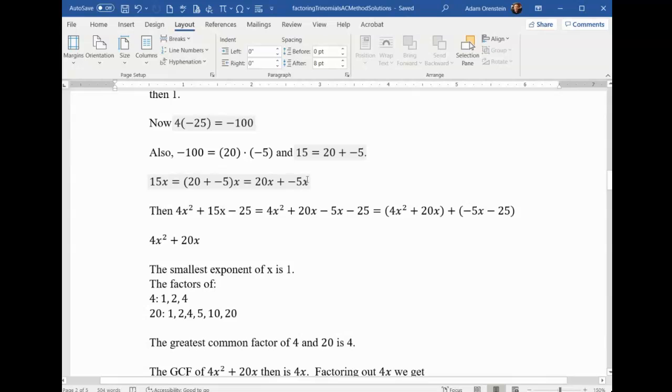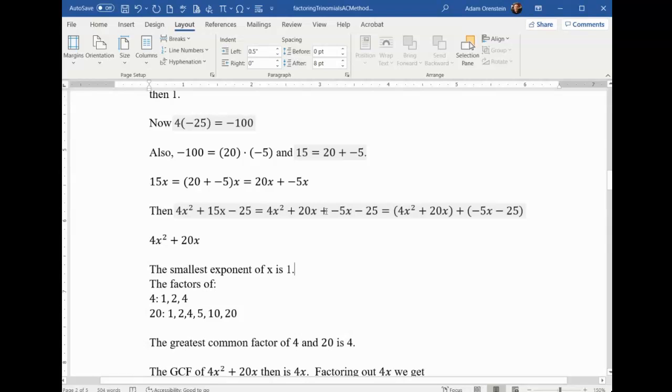Now, when we substitute, we get 4x squared plus 20x plus negative 5x minus 25. Let's make that a plus just to keep it consistent: 4x squared plus 20x plus negative 5x minus 25.